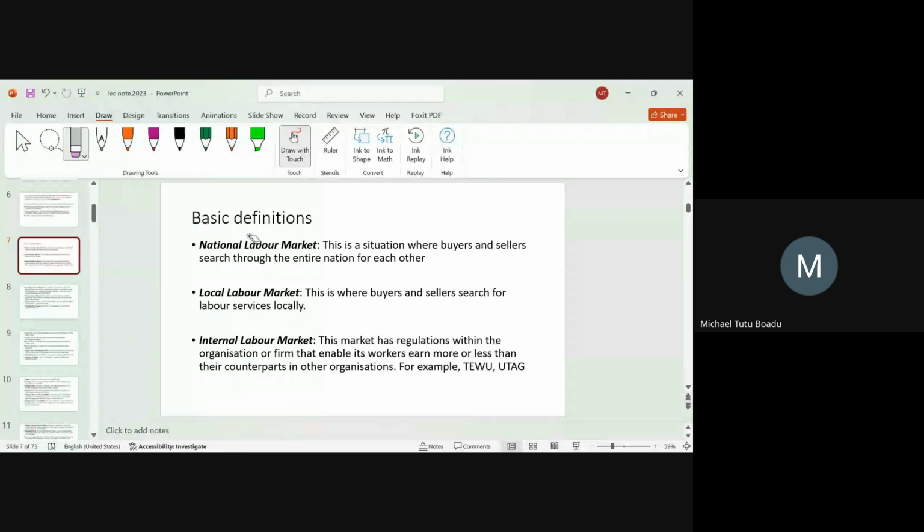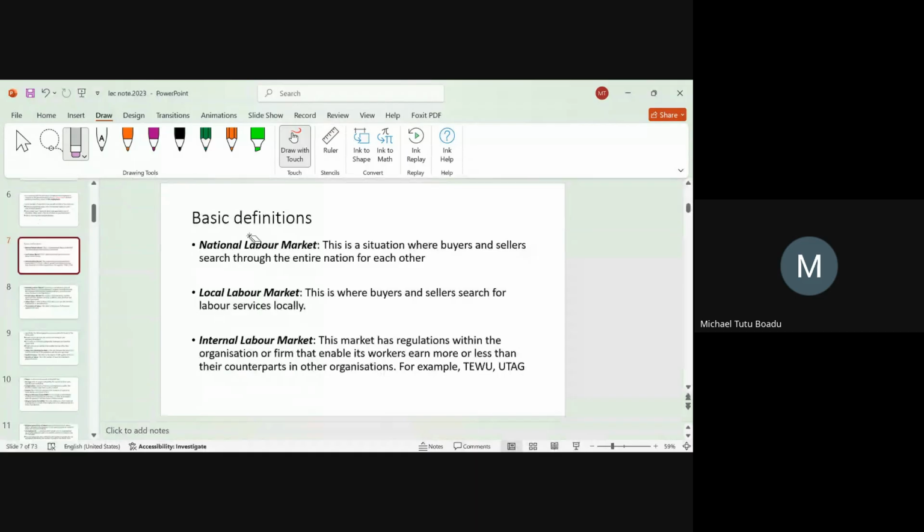All right, so some basic definitions that we have to also know. For example, we talk about national labor market, local labor market, and internal labor market. They are different. The functionality is the same, but they are applied in different contexts.